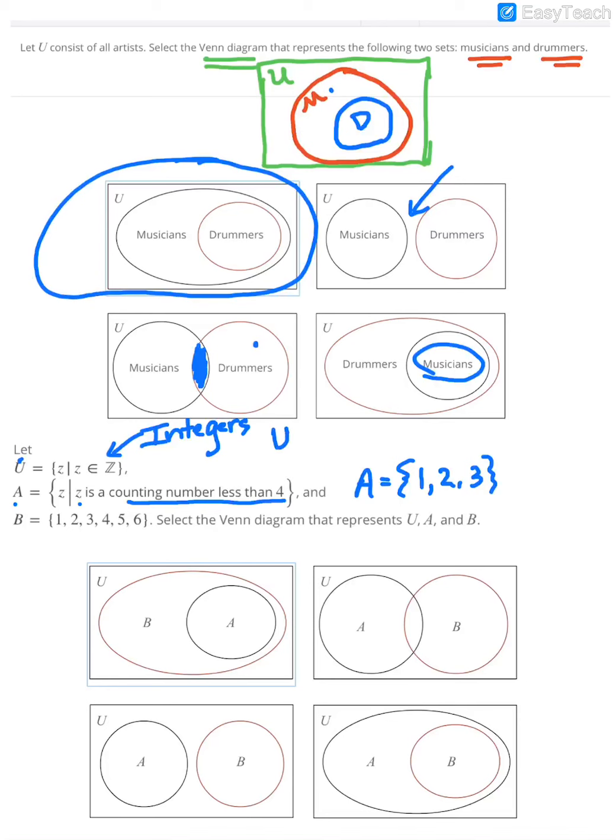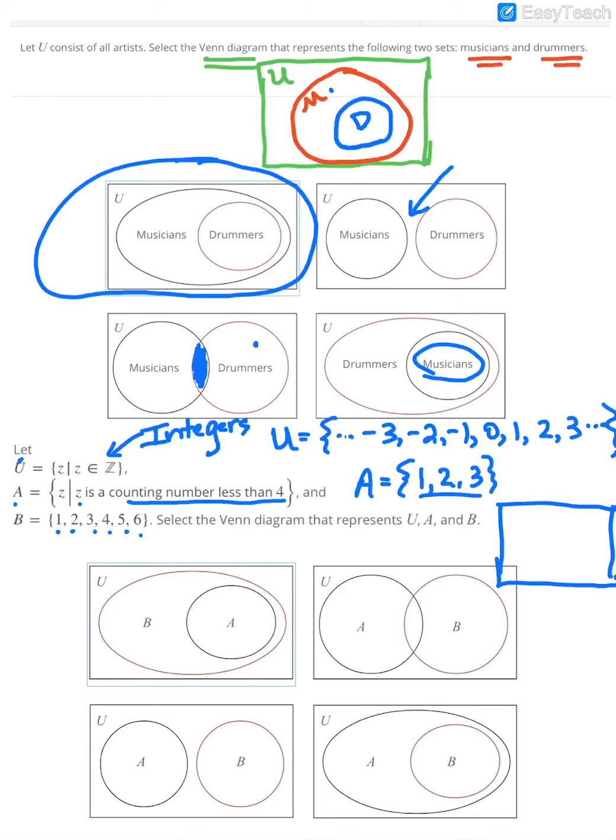Let me come back up here to U. We said U is things like -3, -2, -1, 0, 1, 2, and 3, and goes on in both directions like that. Then they tell me specifically B is the set that has 1, 2, 3, 4, 5, and 6. I always try to draw the picture first, either in my mind or on paper.